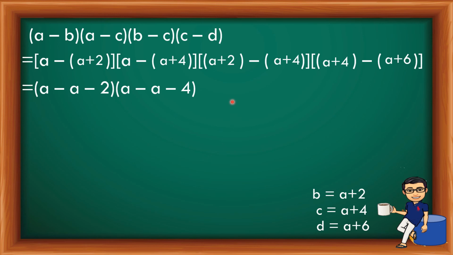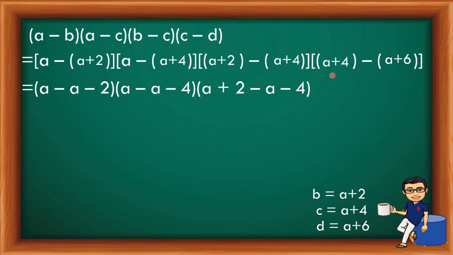On this part, the quantity A plus 2 minus the quantity A plus 4 becomes A plus 2 minus A minus 4. We copy A plus 2, then distribute the negative: negative times A is negative A, and negative times positive 4 is negative 4.